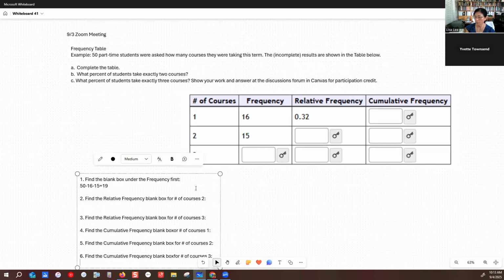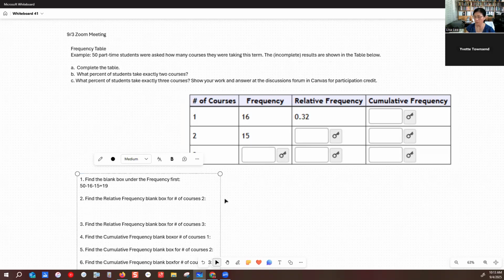Then we go to the second box under relative frequency. And remember how we get the relative frequency, right? Relative frequency equals, we need to take the frequency for a specific class and divide it by total.